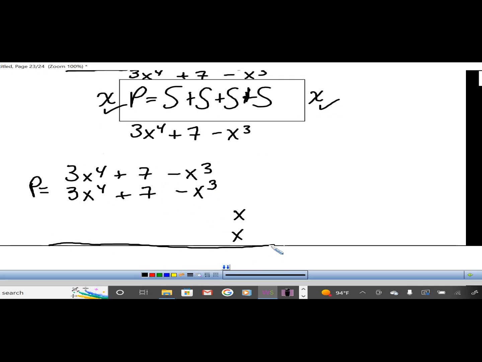Does everybody see that? So here we go. What do I have in the first term? 3 plus 3 is 6x to the 4th. What is 7 plus 7? 14. What is negative 1x cubed and 1x cubed? Negative 2x cubed. And what is x plus x? 2x, yes? Okay.